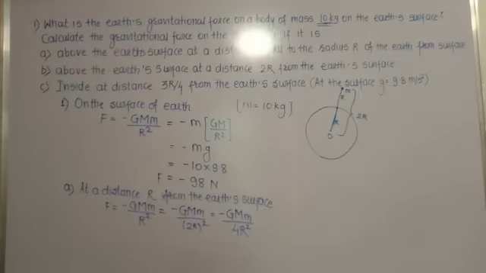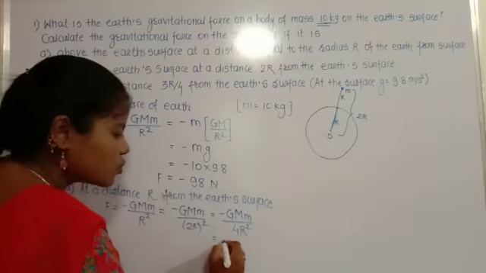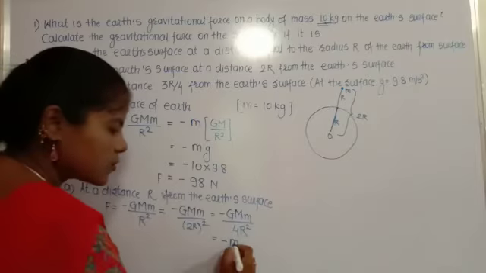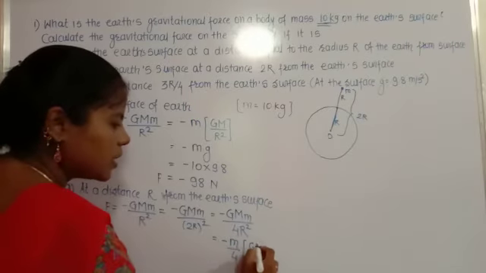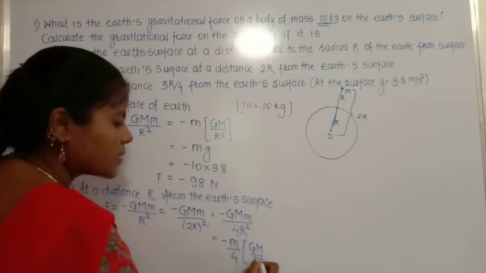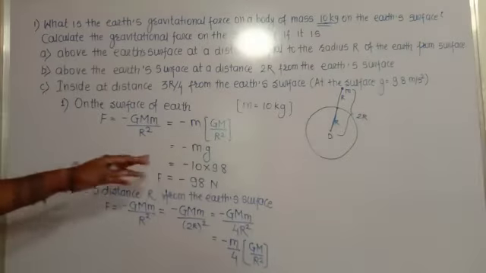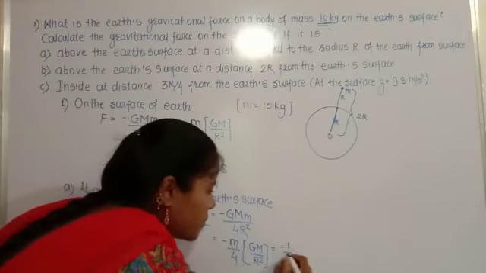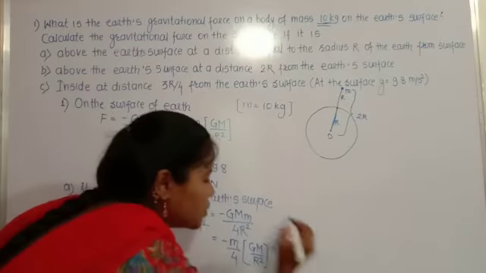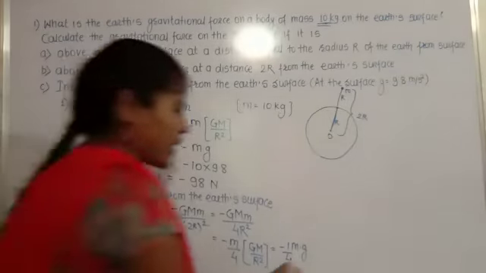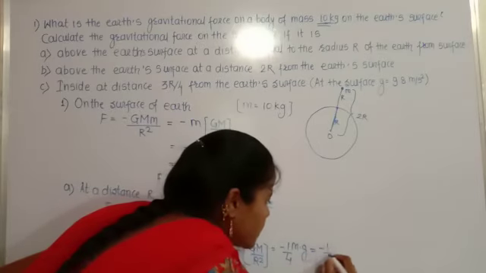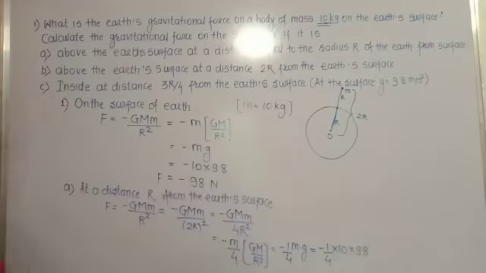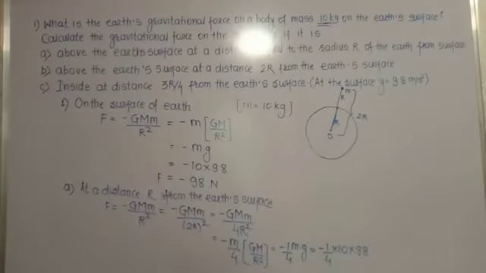Okay, so then again writing this term, it equals minus small m by 4, 1 by 4 small m, and in the bracket capital G capital M divided by R square. So this is again the constant, that is G. So it equals minus 1 by 4 m into G. By putting this value, we have small m equal to 10, minus 1 by 4 into 10 into 9.8.